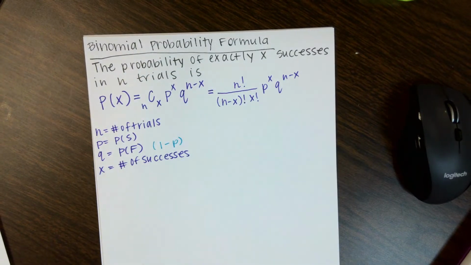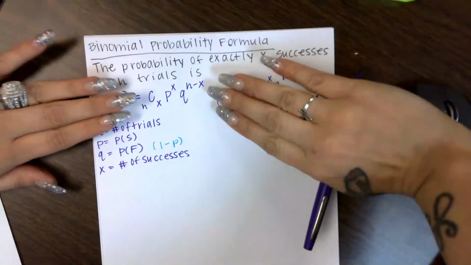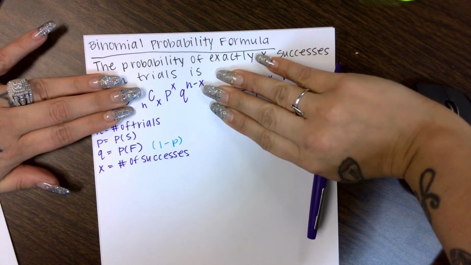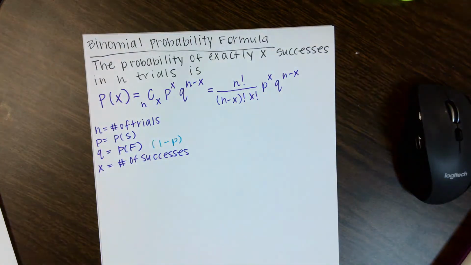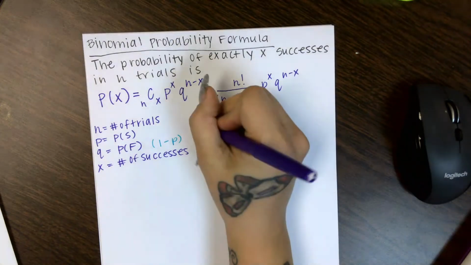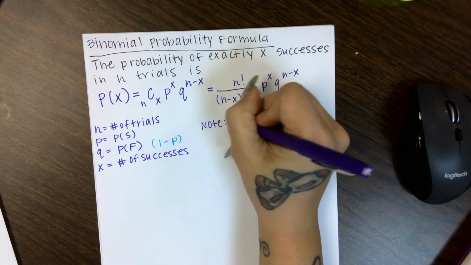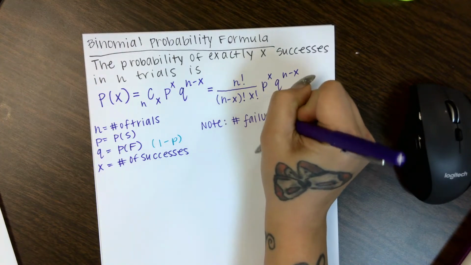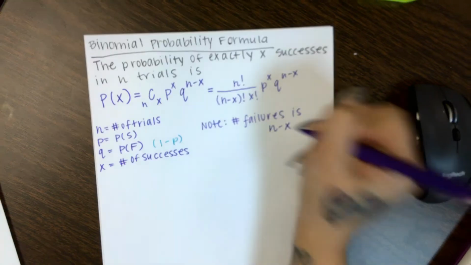And then there's just one little note, because there's something slightly different right there. There's something slightly different in the exponent of our q, and it's the fact that it's taking the n and subtracting the x. Okay? Our note is that the number of failures is n minus x.